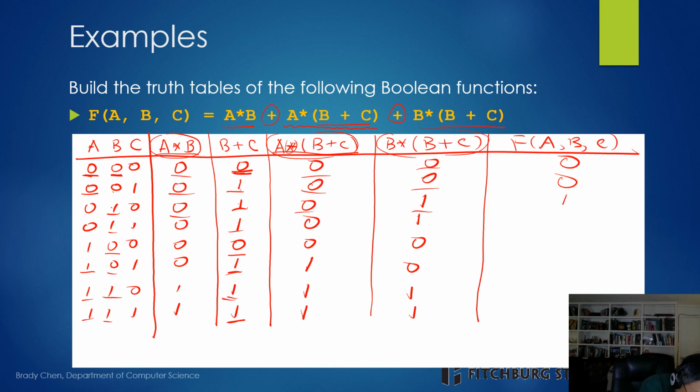As long as one expression is 1, then the result is 1. So the result is 0, 0, 1, 1, 0, 1, 1, 1. So that's the truth table.